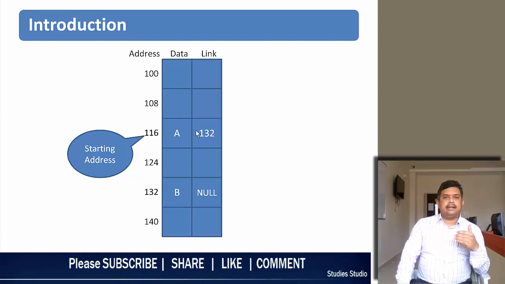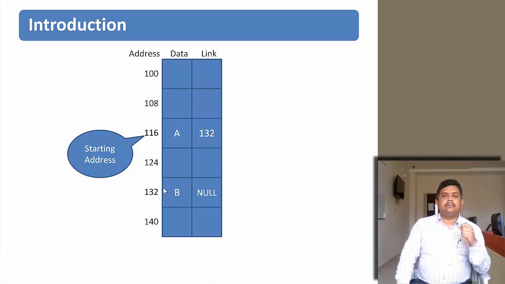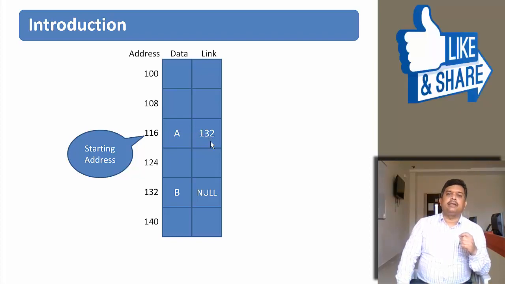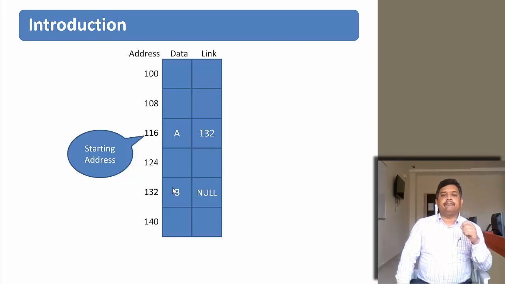When the second data is allotted, it is allotted at memory location 132. The data I kept is B and its link is null. To follow the sequence, I must write the address of B here. So 132 is written here, and at 132 I can find the data B whose link is null.